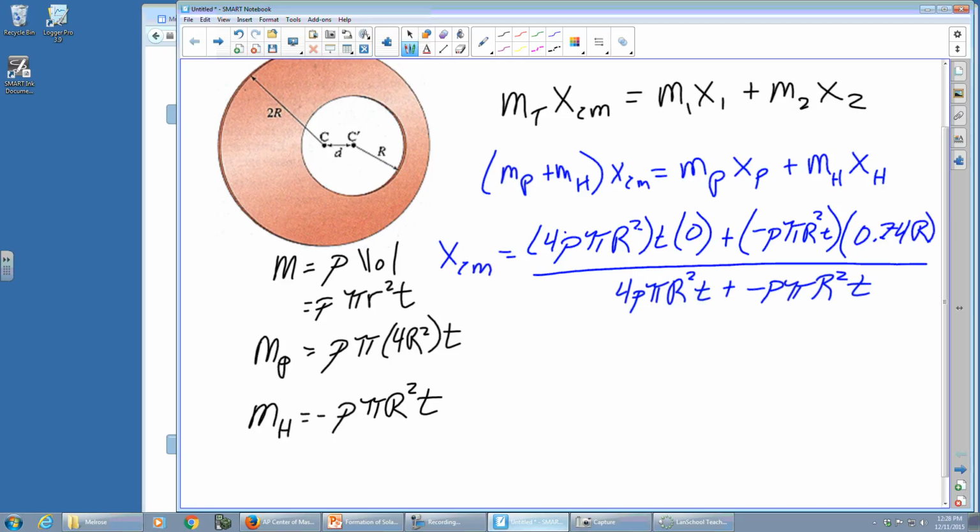And now I solve it. My t's cancel out. My r's, I end up with 1 r up top. I'm assuming you guys are good with the math after this, right? Yeah, that whole first term becomes 0, right?